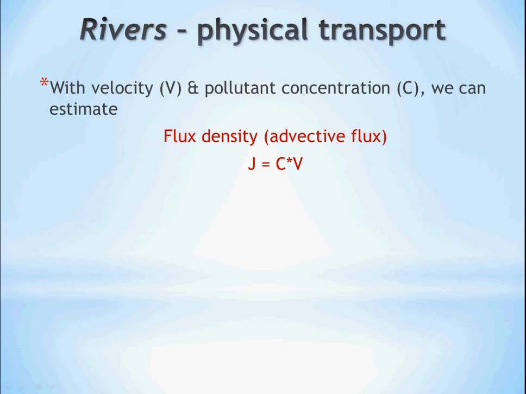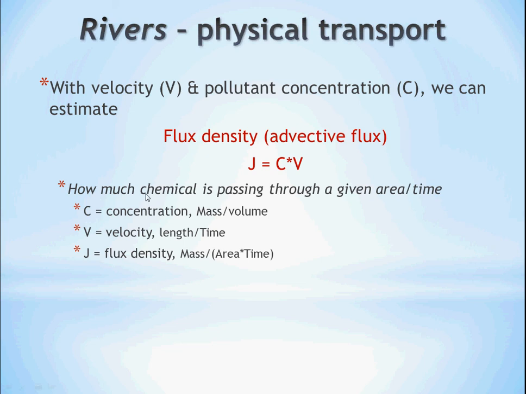Okay, with velocity and pollutant concentration, we can go ahead and estimate flux density. This should look very familiar to you, J for flux density, or advective flux, being equal to the concentration of a pollutant times velocity. And this tells us how much chemical is passing through a given area, like a cross-sectional area of a river, per unit time.